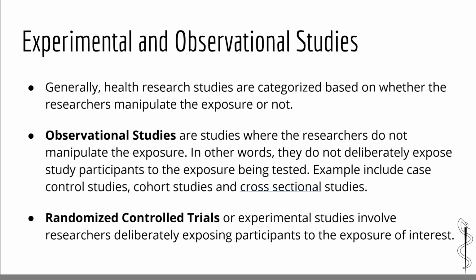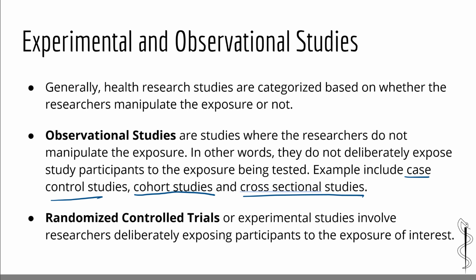Observational studies are studies where the researchers do not manipulate the exposure. In other words, they do not deliberately expose participants to the exposure being tested. Examples include case control studies, cohort studies, and cross-sectional studies. On the other hand, in randomized controlled trials, also called experimental studies, the researchers manipulate the exposure.